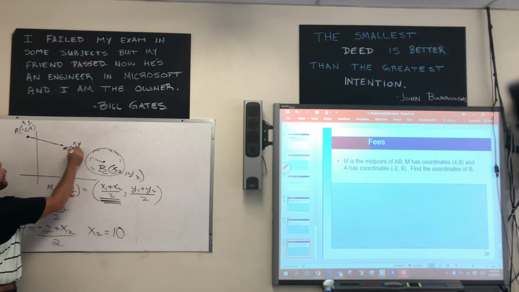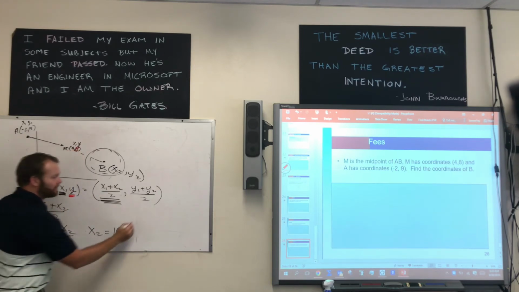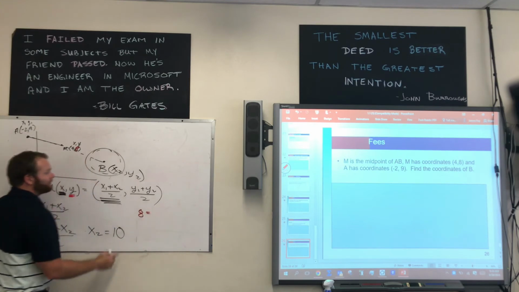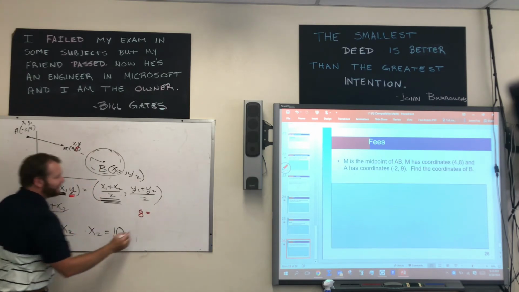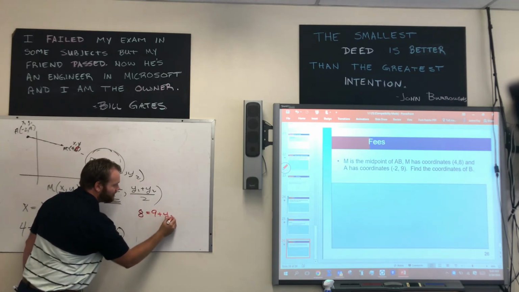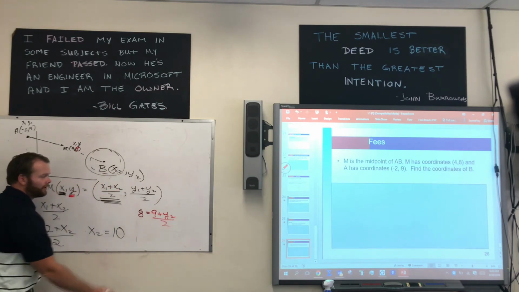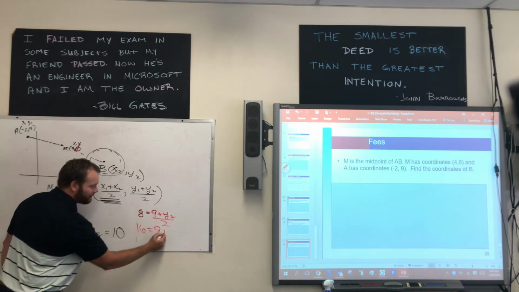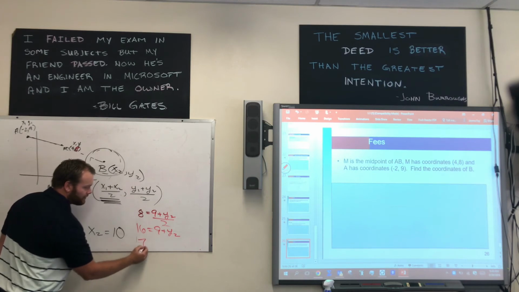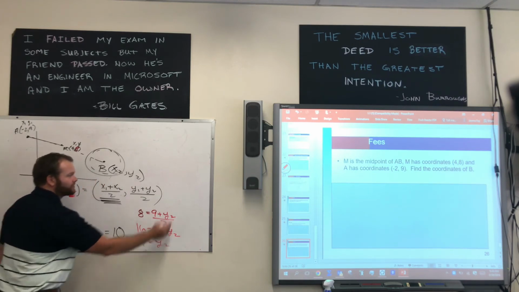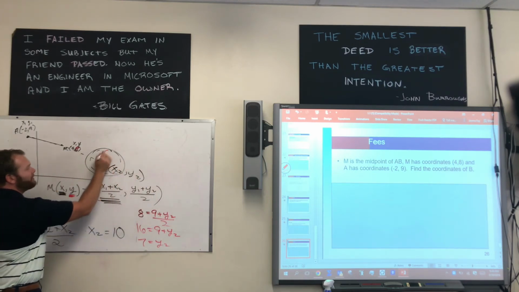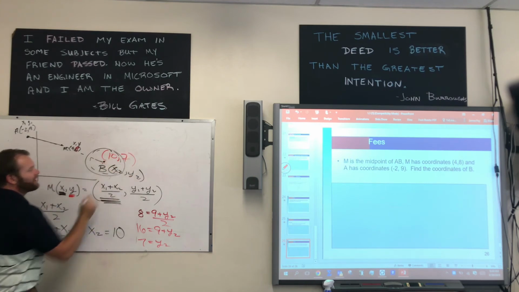So that y value is our 8. So we'll say 8 is equal to y1, which is 9, plus y2 over 2. 16 is equal to 9 plus y2. 7 is y2. So the ordered pair of B is 10 comma 7.